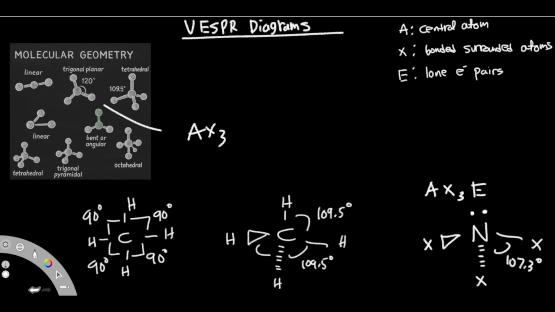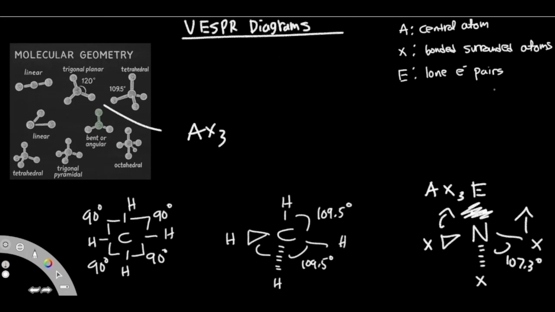Much larger than this 107.3. And it makes sense because it does not have this segment over here. If we get rid of that segment, of course, these are going to go in that direction because these electrons want to stay away from each other as well. Hence why it opens up the angle and becomes bigger. Hence the value is 120 degrees.